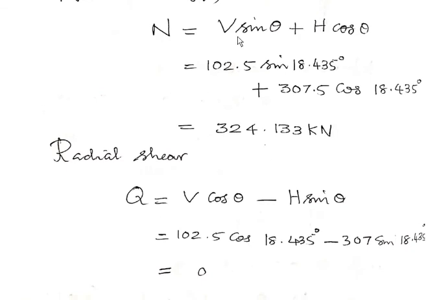Substitute the values of V, the vertical shear at D, theta and H, the horizontal reaction component, to find out the normal thrust and the radial shear at section D. So that is about this problem. Analysis of parabolic arches.